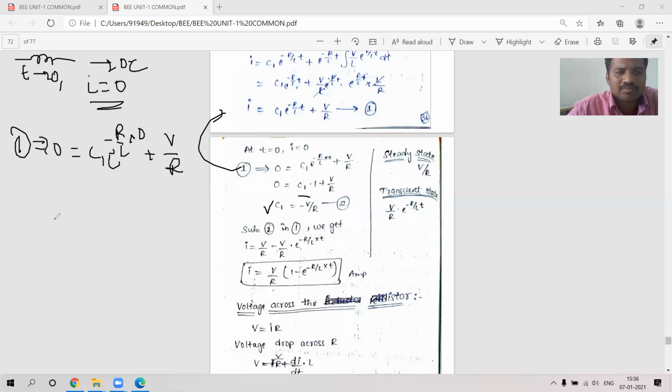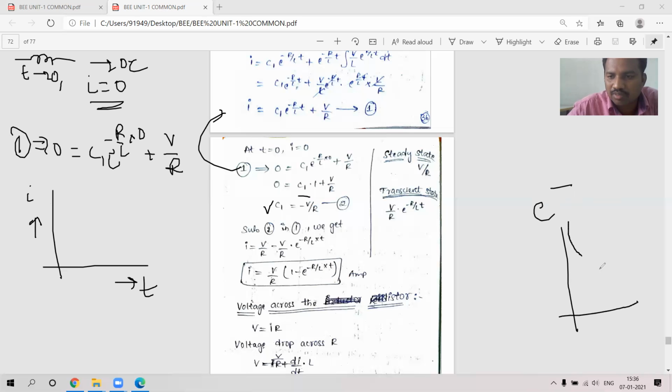So if we see the response, I am plotting the graph with respect to time. We know that e power of minus means exponentially decaying, so it will be like this.